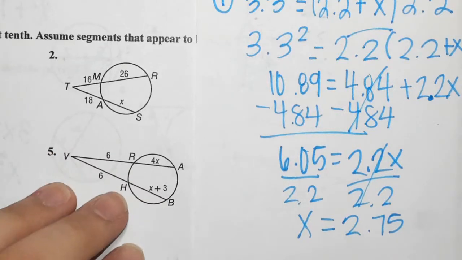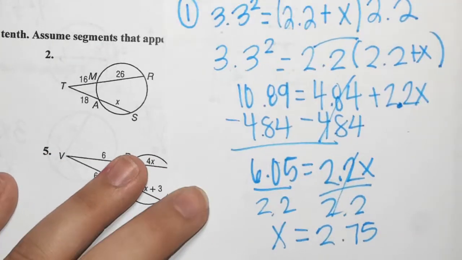So we get 2.75. Okay, let's look at number 2.